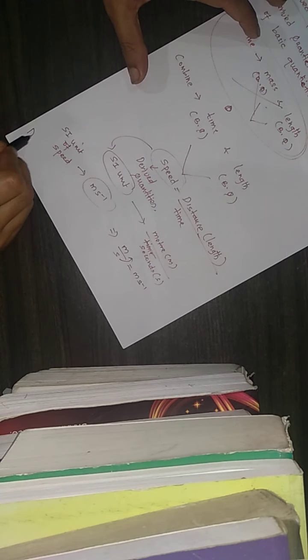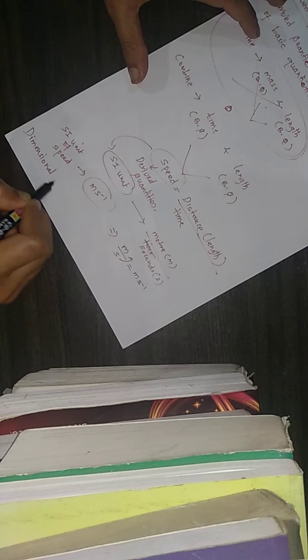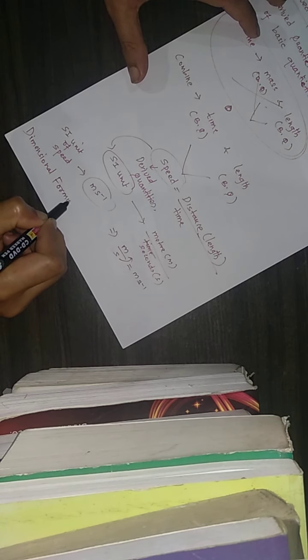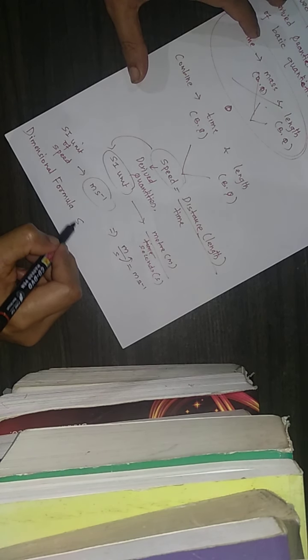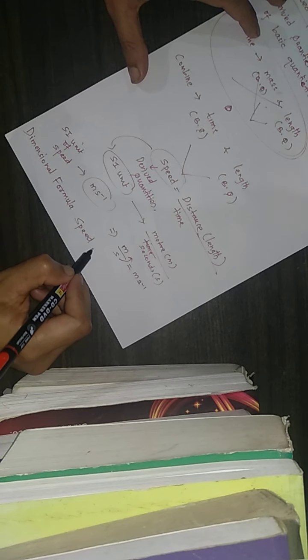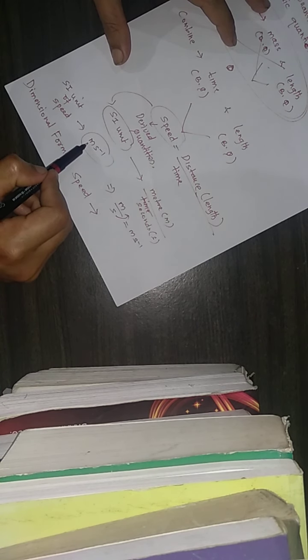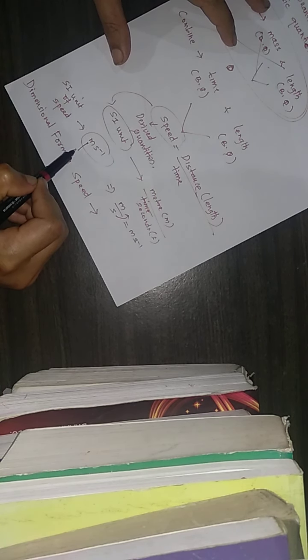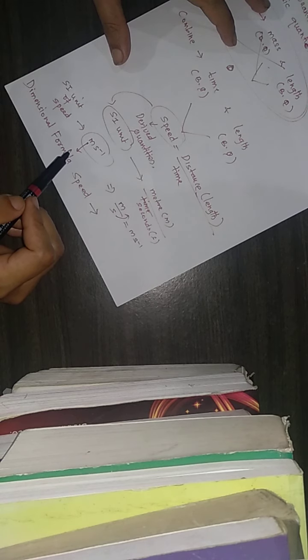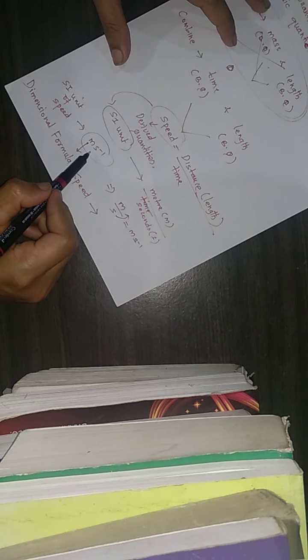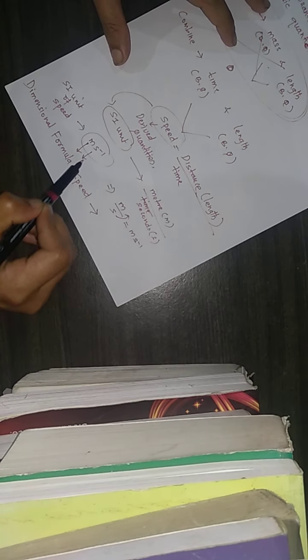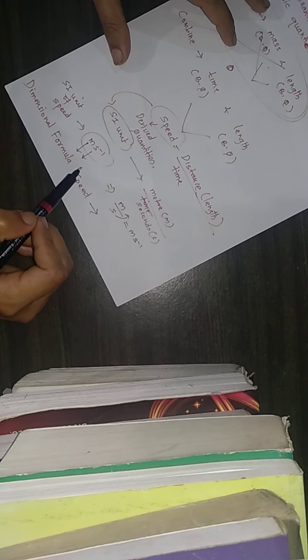Okay. Now what will be the dimensional formula for speed? So dimensional formula for speed will be, you have meter in the SI unit of speed and seconds in the SI unit of speed.